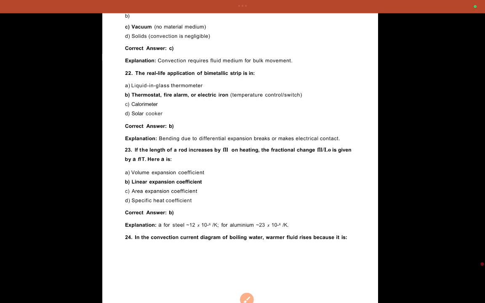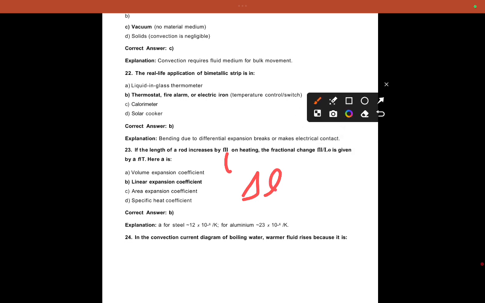If the length of the rod increases by delta L, we should consider this the change of length, and the fractional change, that is delta L by L, is given by what? Here it is X.